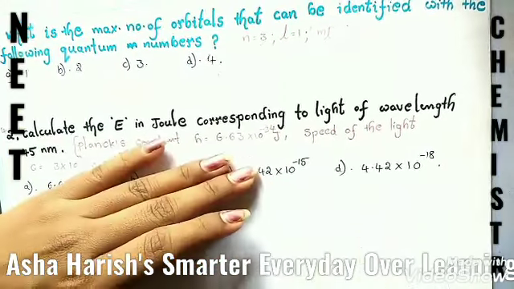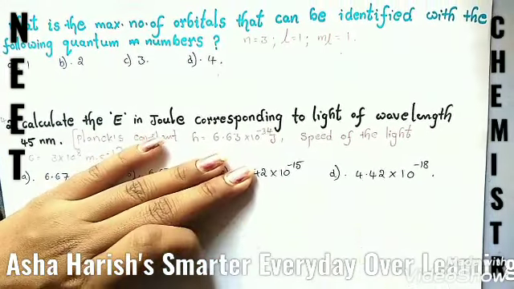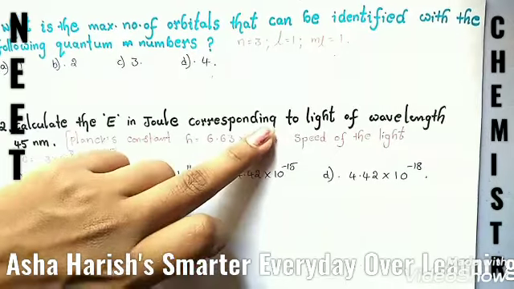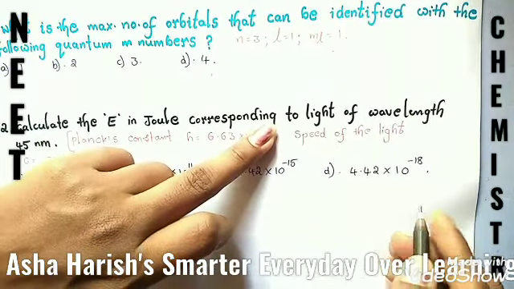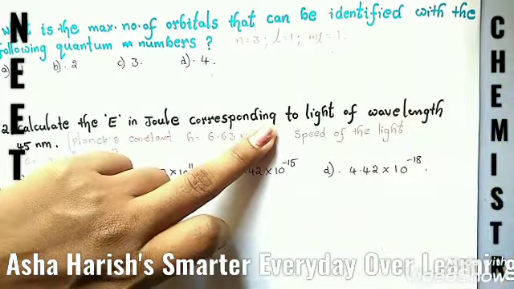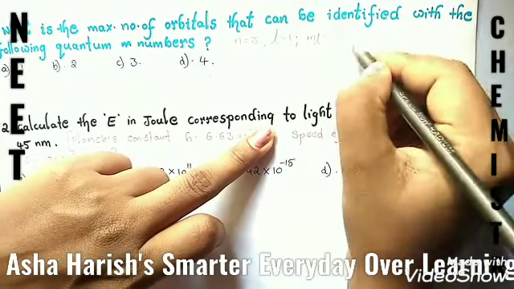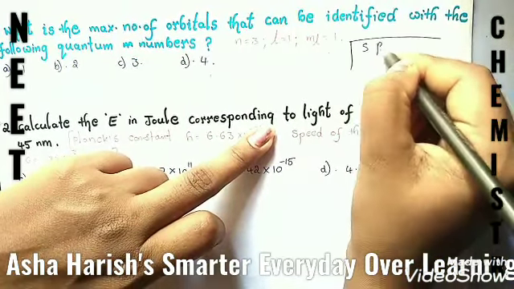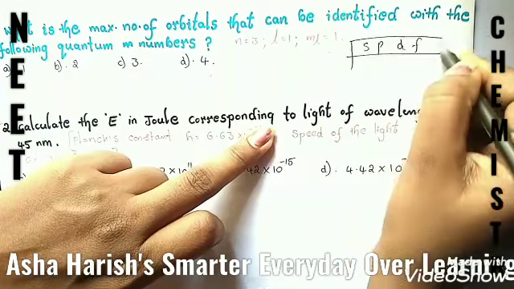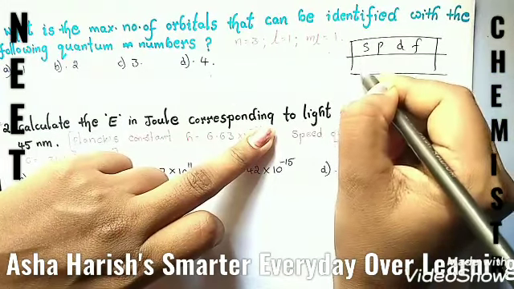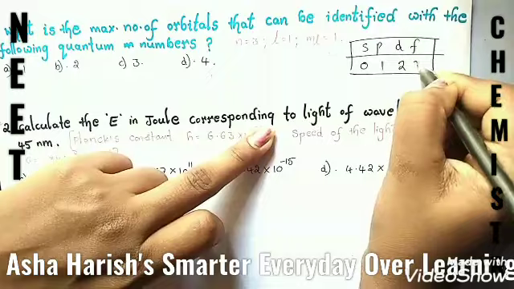And see students, if you solve this problem, before doing that, you have to know the subshells and the l values for them. The s, p, d, f subshells you know very well, and for these the l values are 0, 1, 2, 3.